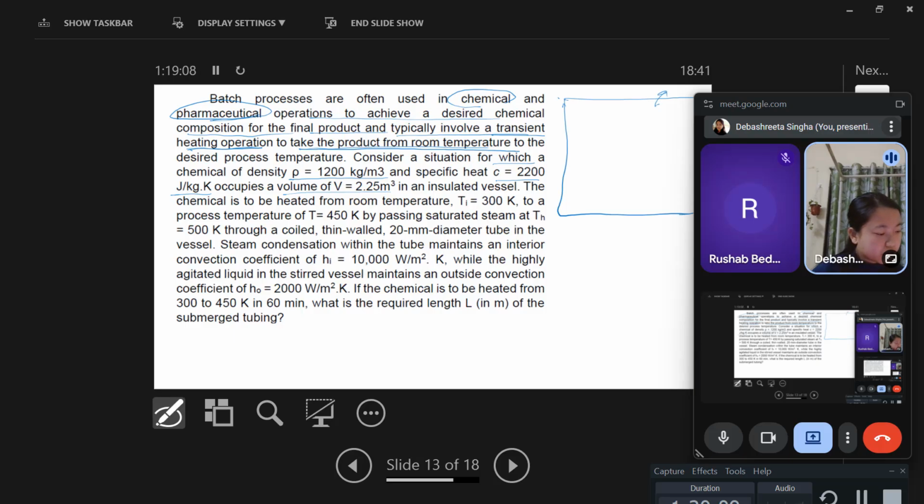Insulated means there is no transfer of mass or energy from this vessel. Inside this vessel there is a chemical. Rho is given, volume is given, and specific heat of the chemical is given. The chemical is heated from room temperature Ti equal to 300 Kelvin.